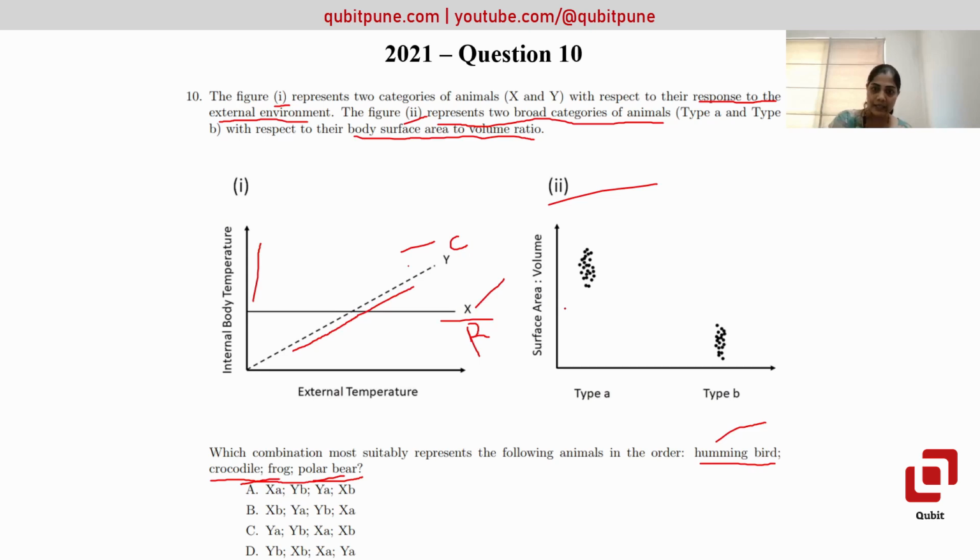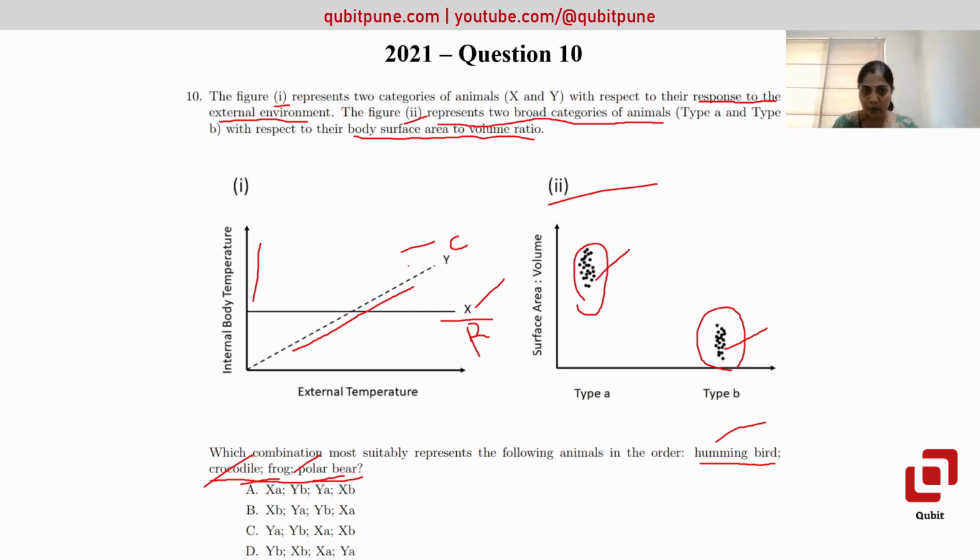So group A will represent much smaller animals, and group B will represent the lower surface area to volume ratio, the bigger animals. In this group, crocodile and polar bear are the bigger ones, so we consider them for B, and the frog and hummingbird are the smaller ones with the higher surface area to volume ratio, so they will fall under the A group.